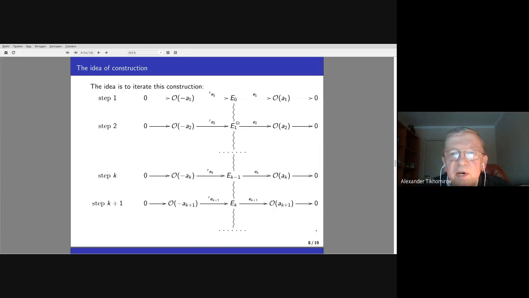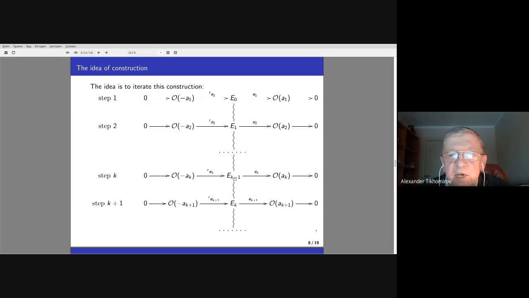We proceed now with E1 in the very same way. Choose A2 large enough and the morphism E2 respectively surjective, and so on. So we obtain the sequence of symplectic vector bundles from E0 to E1, etc.